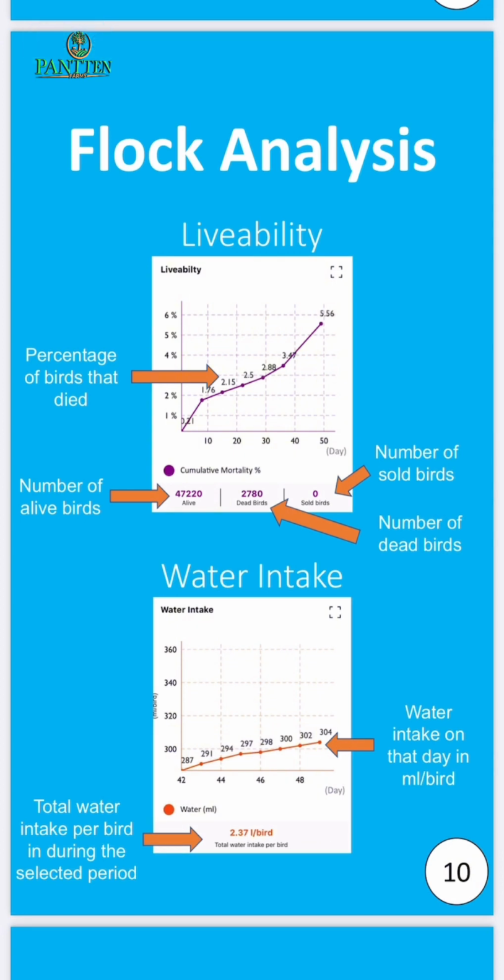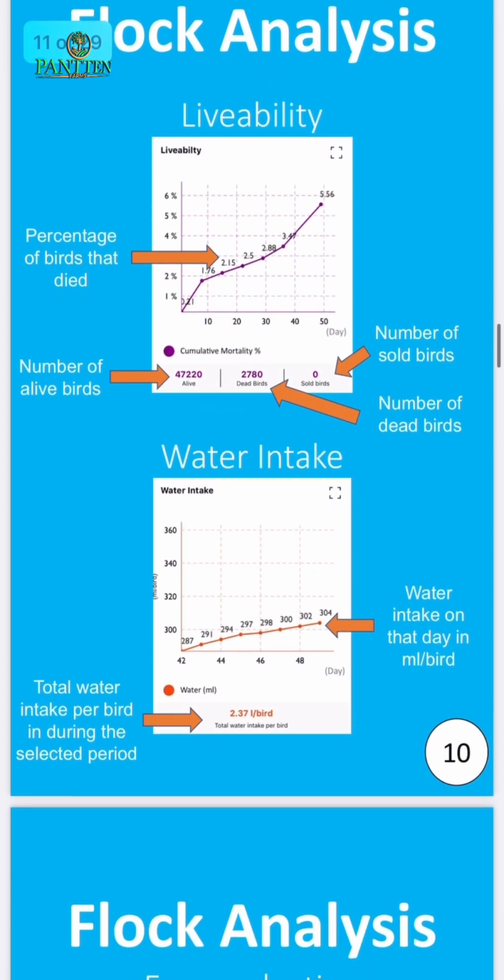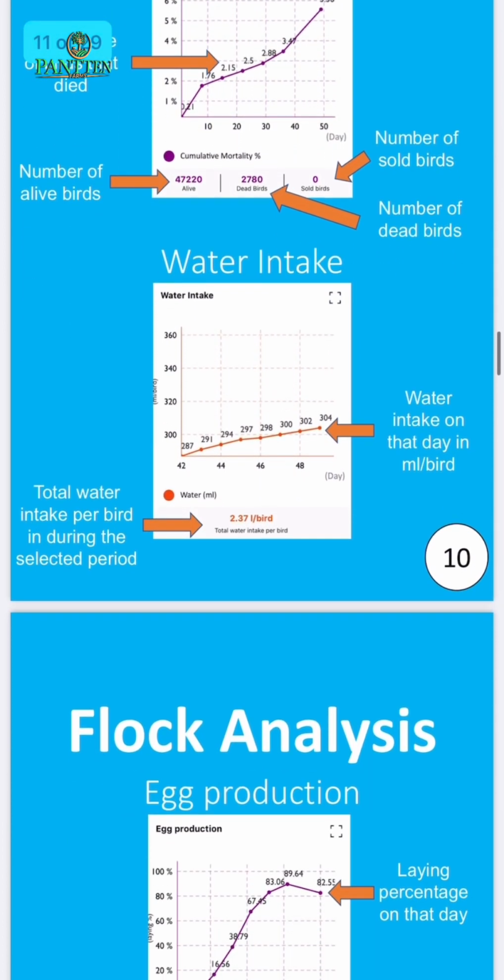You can see how many birds are alive, how many birds died, and if you sold any birds. When you fill out the data, you don't have to fill everything in at once. If you haven't sold any birds, you just leave it blank and it will not calculate it. Water intake is also on the graph.